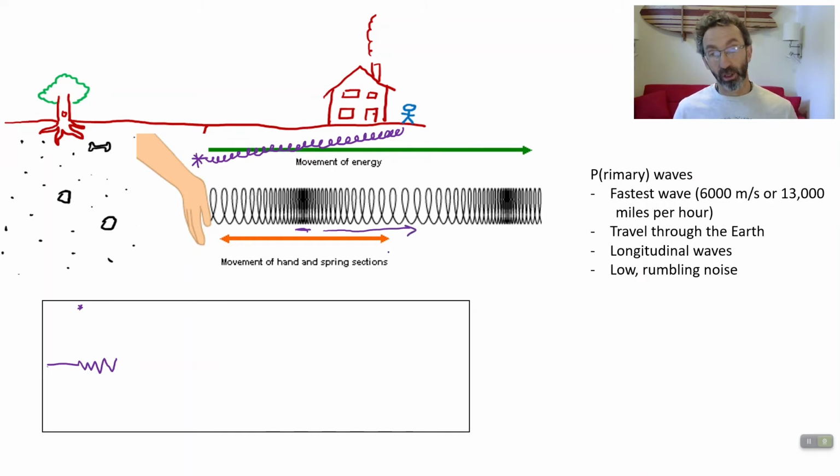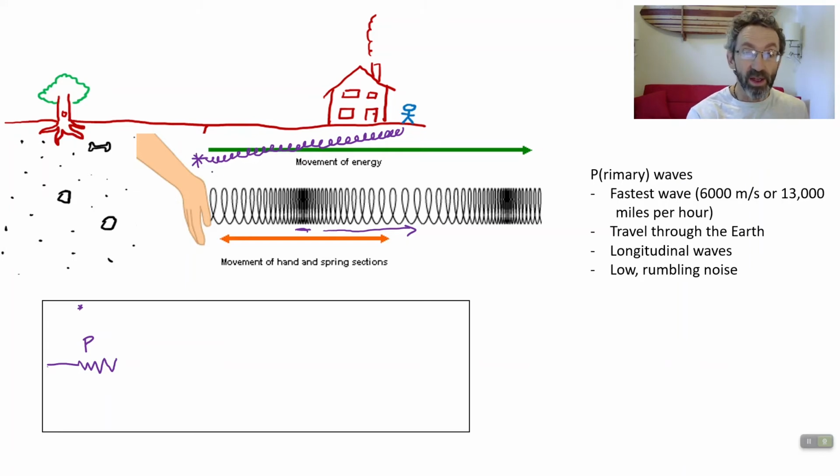These are called longitudinal waves, and they're responsible for a low rumbling noise that alerts you to the fact that an earthquake is on its way. Okay, so these are the P waves, and again, they're P waves because they're the primary waves, the first ones to hit.